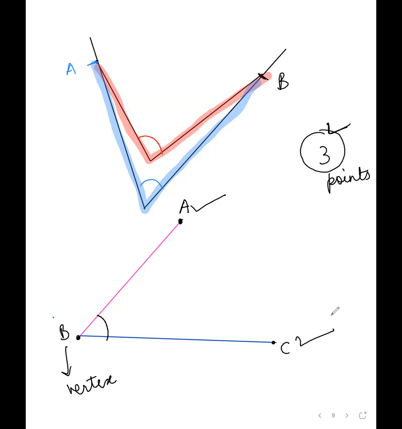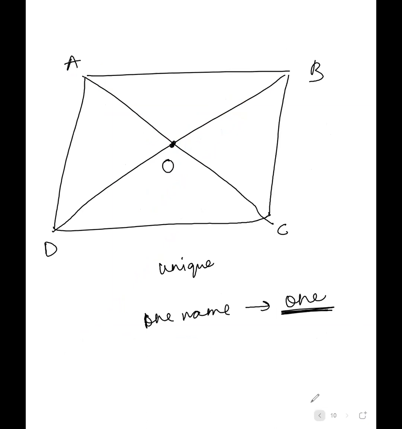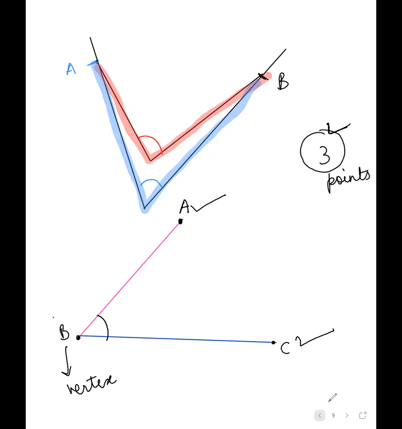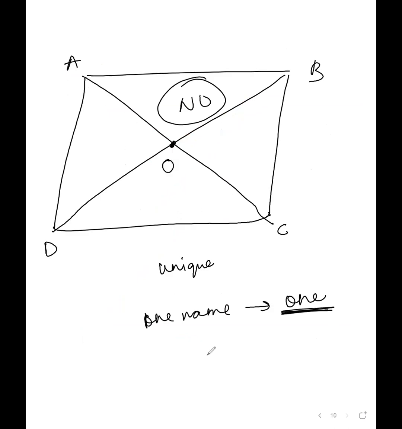Again, Hiba, we are repeating the same thing which we discussed here. Can 2 points have the same name? No. Can 2 angles have the same name? But they are different angles, right? They are different angles, so how can they have the same name? Over here, they are 2 different points. This point is different, this point is different.